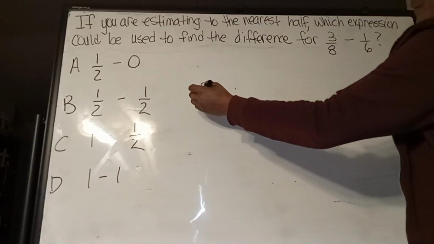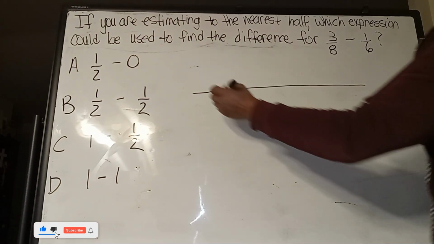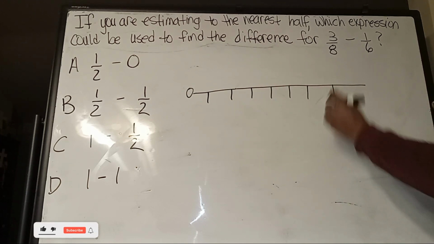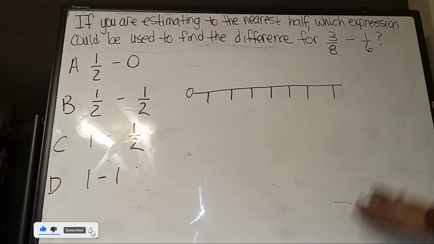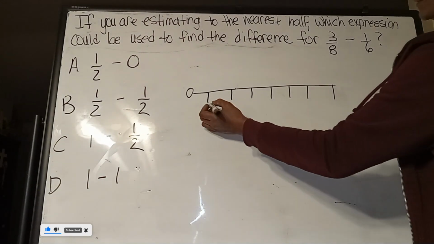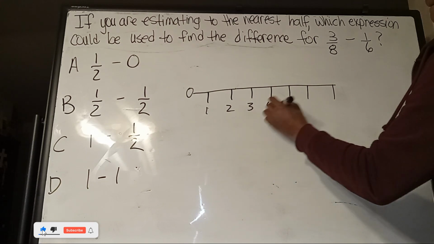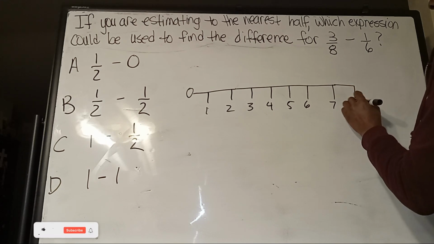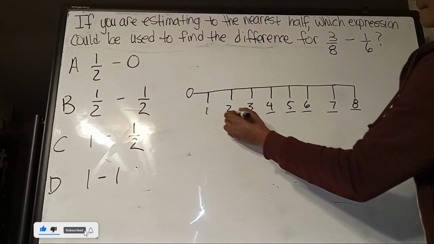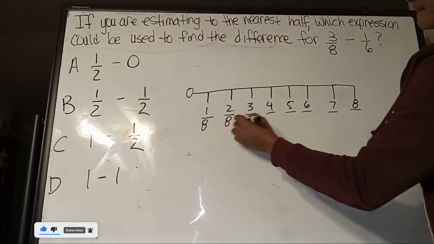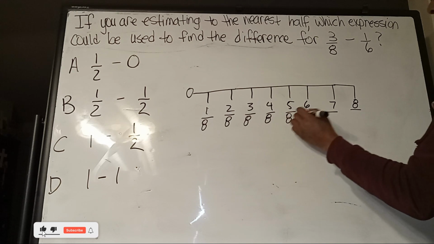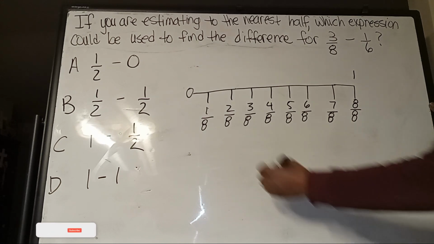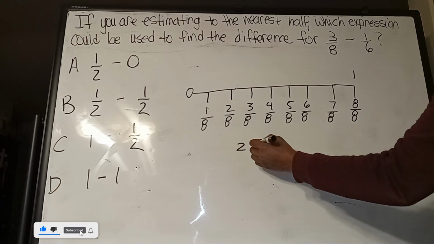All right, so as we've been doing, and we're going to continue, right? We're going to draw our first number line. We're going to cut that up into 8 pieces. And we're going to label those. All right, and we're going to write our number sentence to find our half.